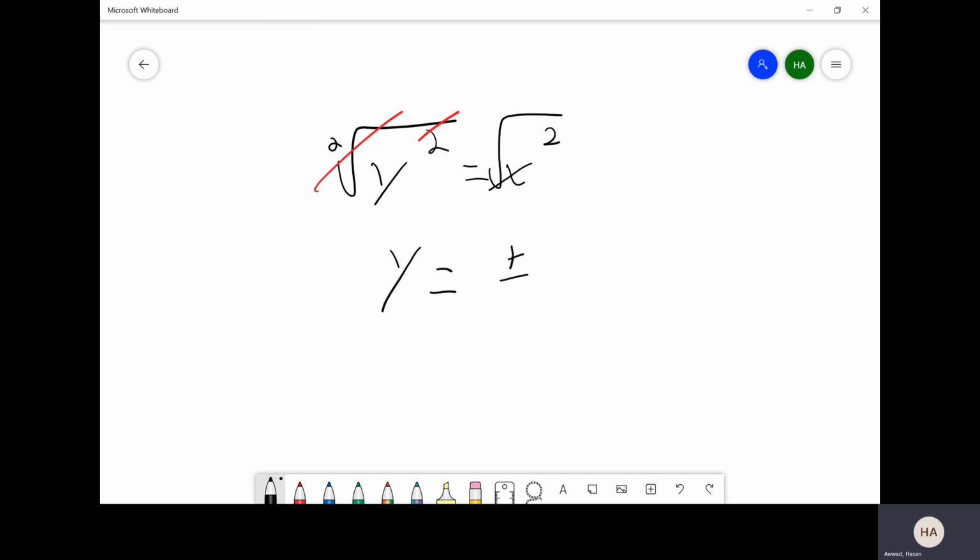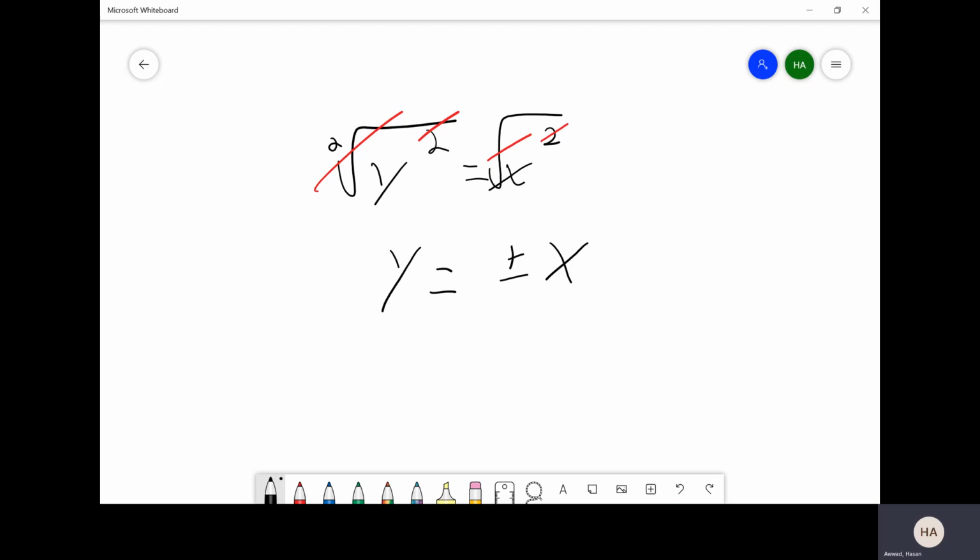Because y is the variable that we're solving for, I'm going to leave the plus or minus on the other side. So we have y is equal to plus or minus, and then when we take the square root of x squared, once again, the exponent and the square root are going to cancel, so we get y is equal to plus or minus x. Now notice, again, like we saw in the last homework, we can't put this in functional notation, right? We see that there's a problem.